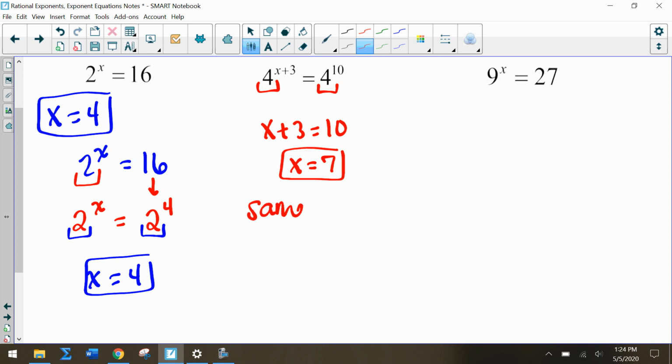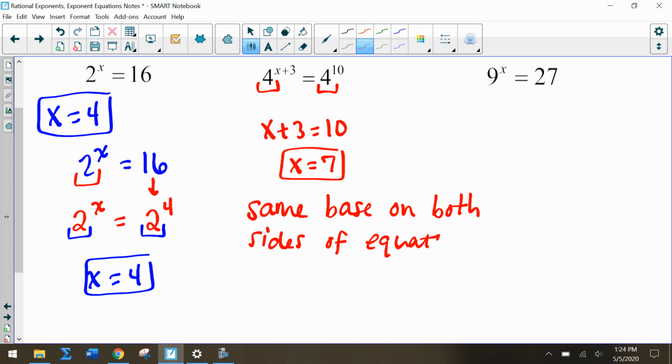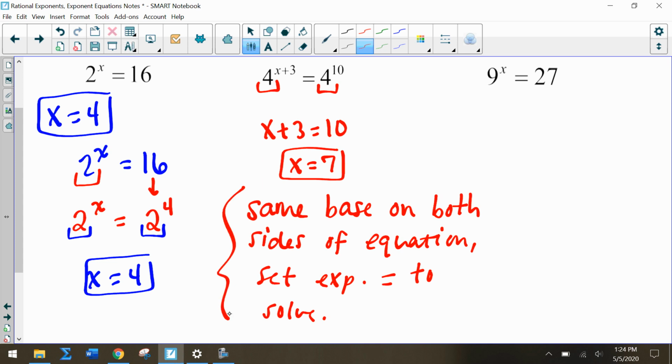So when we have the same base on both sides of the equation, set exponents equal to solve. Okay. All right, so now for this third one, we have 9 to some power gets us 27.